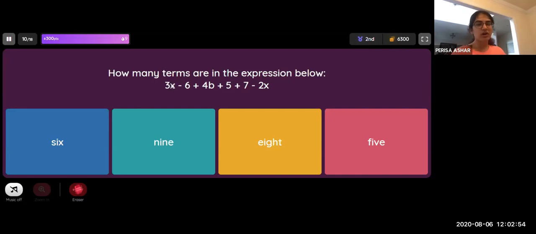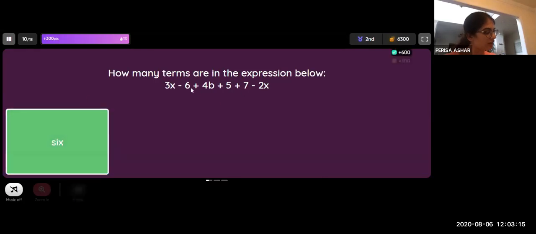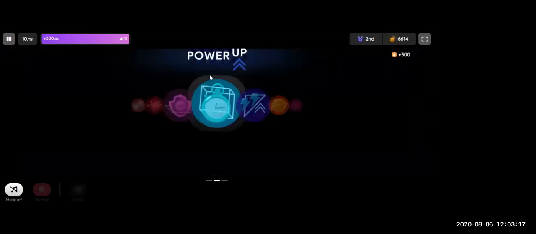A variable like 3x or a constant like 7 in this expression is considered a term. So term is just a broad classification of all the different subcategories you see in here, either variables or constants. So there are 6 terms in this expression. Good job, and everyone else counted them.